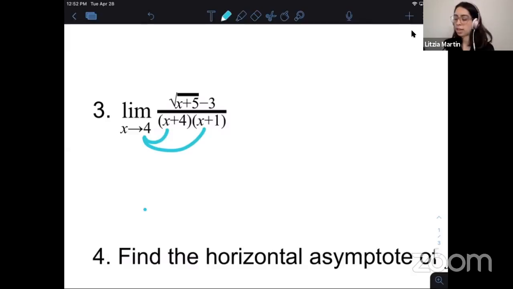We can go ahead and plug that in. Sorry, I said I was going to plug it in and I started writing limit. Once you plug it in, remember you don't need to write the limit notation.